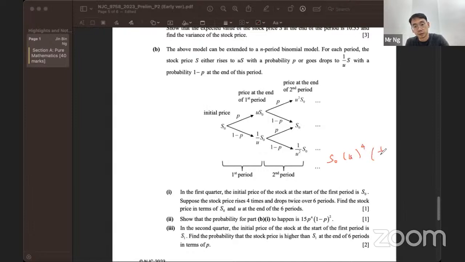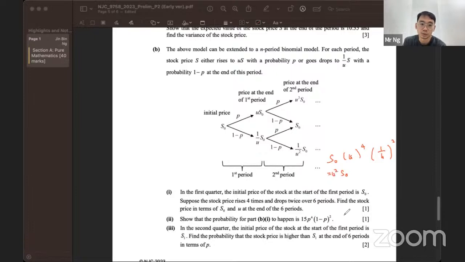After that, it falls 2 times. We just want the price; we are not calculating probability. So overall, it will be S naught U to the 4 D squared.